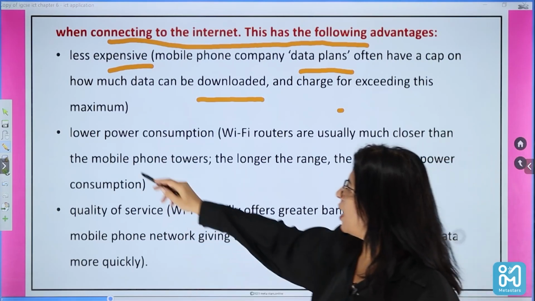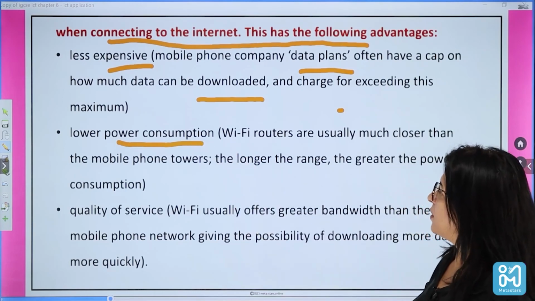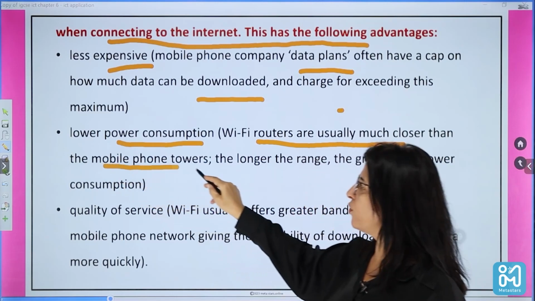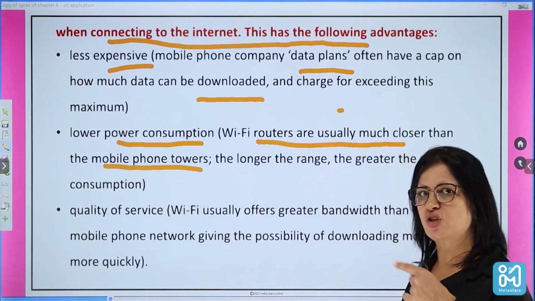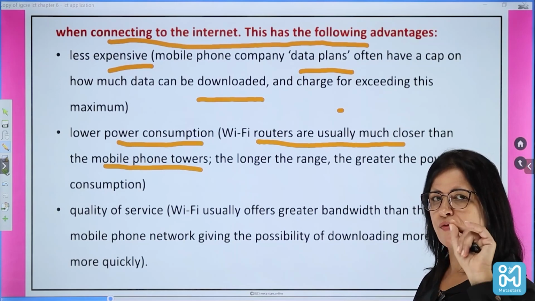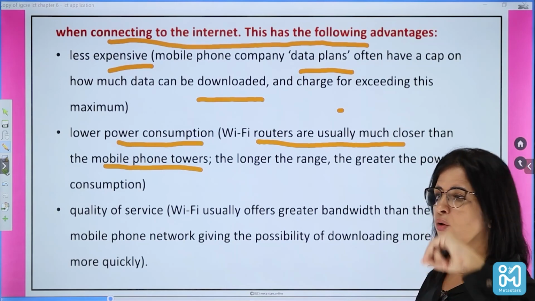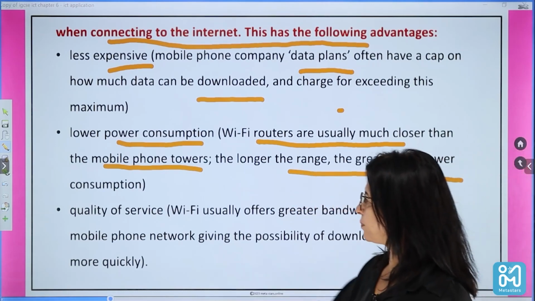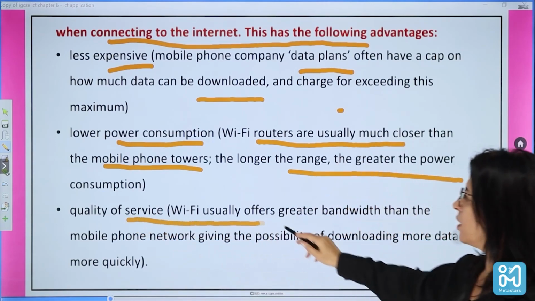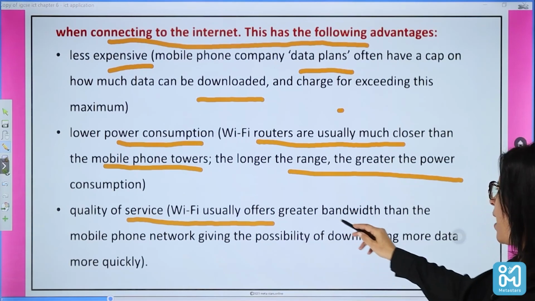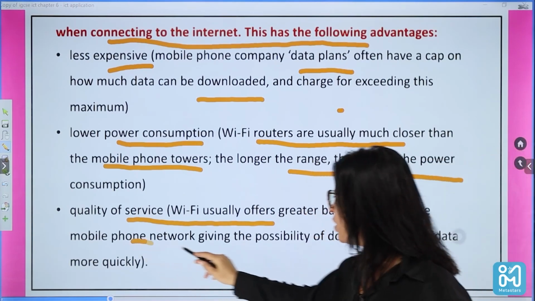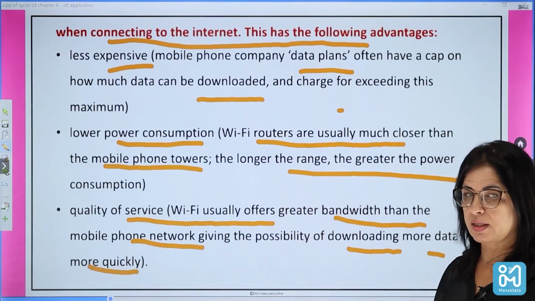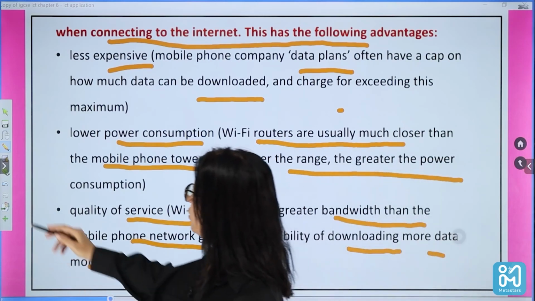And lower power consumption, since Wi-Fi is usually much closer than the mobile phone towers, because you are connected to the Wi-Fi close by at your home rather than to the tower. A longer distance needs much more power. Quality of service: Wi-Fi usually offers greater bandwidth than the mobile phone network, making it possible to download more data much more quickly. I think you know this on your own, no need to explain it.